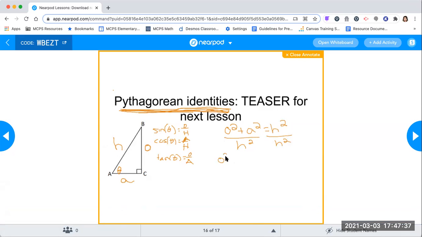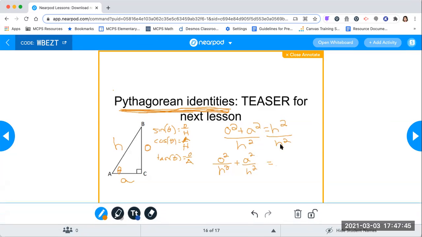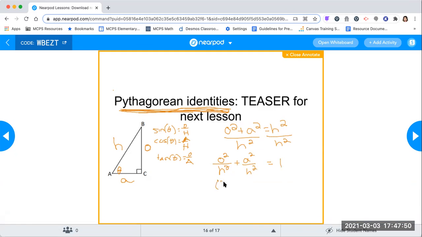So we have opposite squared over hypotenuse squared plus adjacent squared over hypotenuse squared equals, well, anything divided by itself is 1, right? So this is actually O over H squared plus A over H squared equals 1.